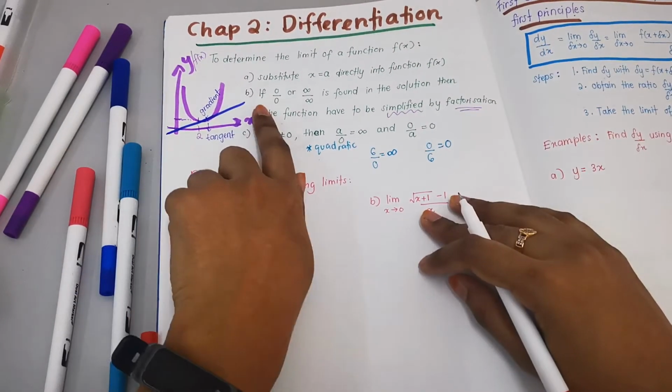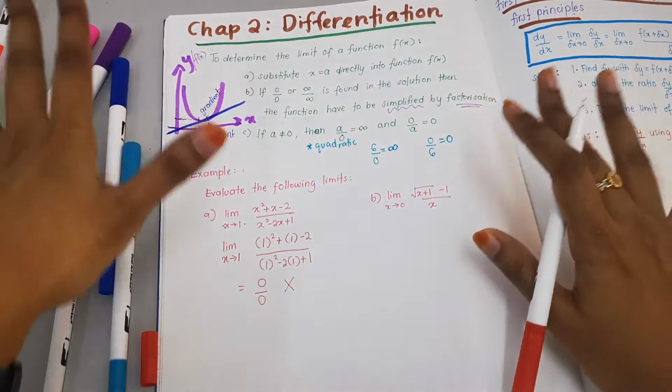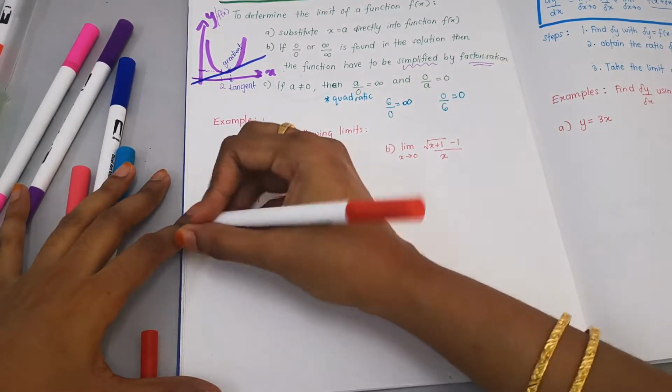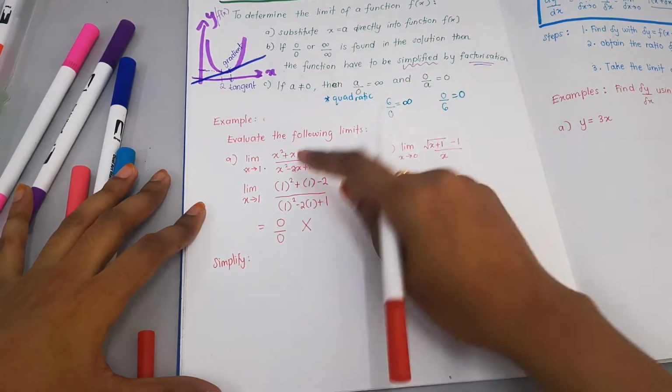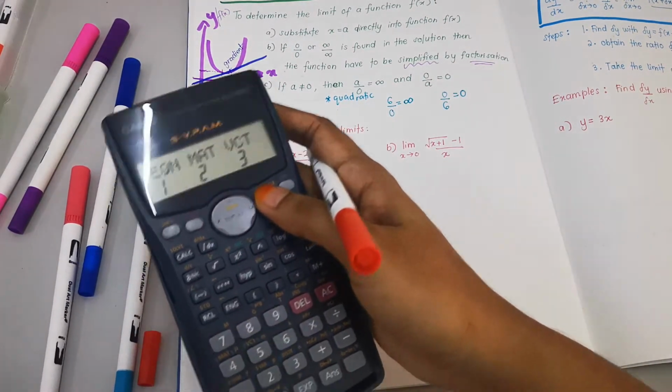Can this answer be accepted? Cannot, because based on our rule, 0 over 0 or infinity over infinity, you must simplify the solution. So that means what you need to do is you need to simplify this. So use factorization. This one, x square plus x minus 2, you can use your calculator.